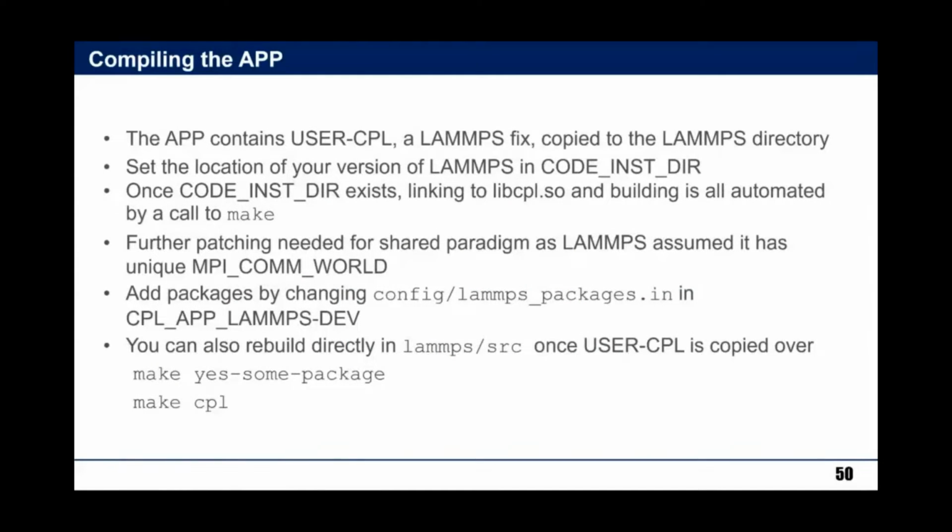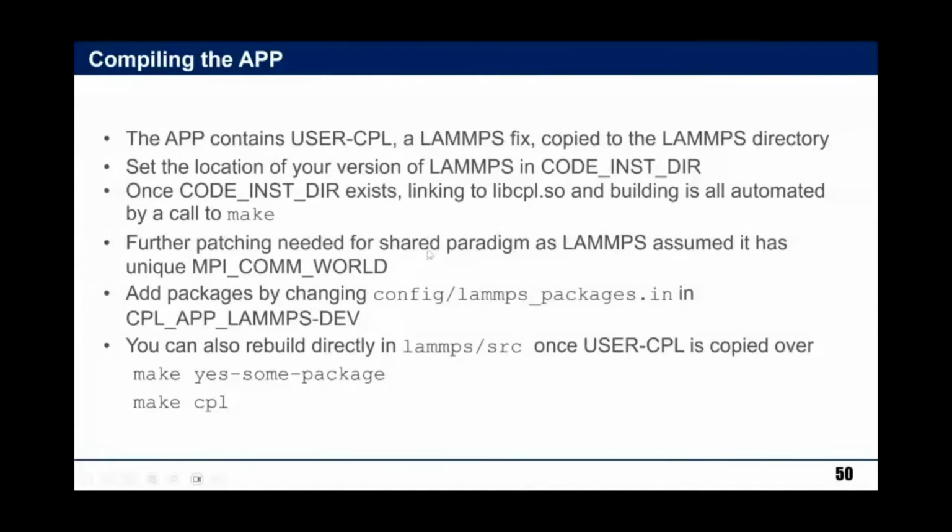So the process of actually installing this, because it's not part of the core LAMMPS packages, at least not now, is you actually have to build it. We have an app to do that. And so this app you can essentially download from GitHub. You have to just specify in a file called code installation directory the location of your LAMMPS directory that you want to patch.